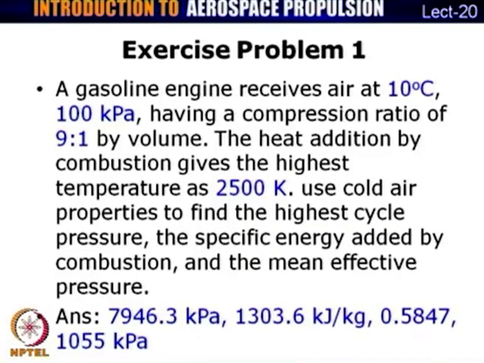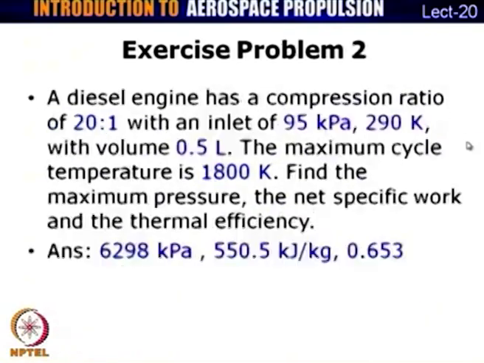The energy added is 1303.6 kilojoules per kilogram, and the efficiency is 0.5847, and the mean effective pressure is 1055 kilopascal. So, this was a problem on an Otto cycle because it is given as a gasoline engine.